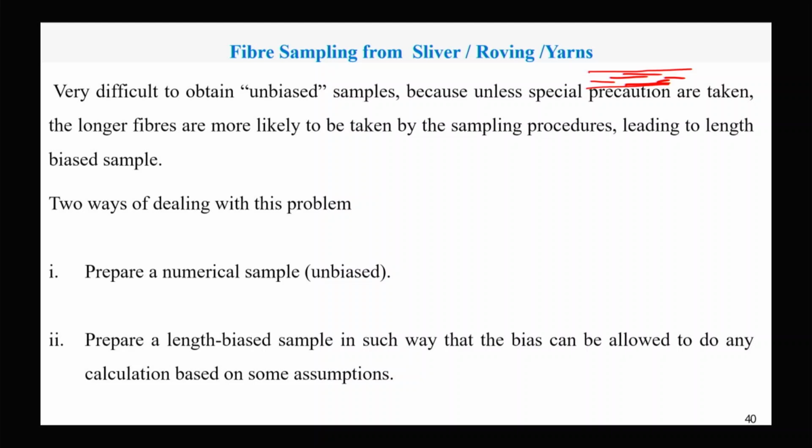Another way of sampling is you prepare the length bias sampling in such a way that the bias can be allowed, to do any calculation based on some assumptions. So that's an important thing. Where length bias cannot be avoided, then we will do away with it by some assumptions.